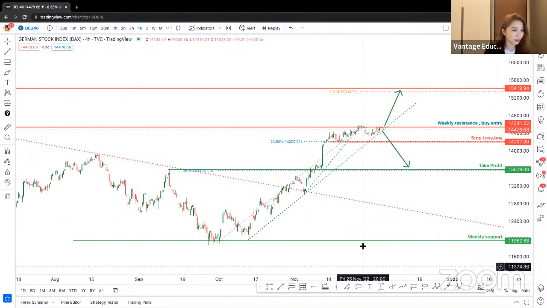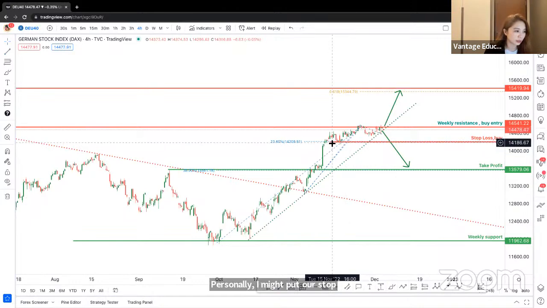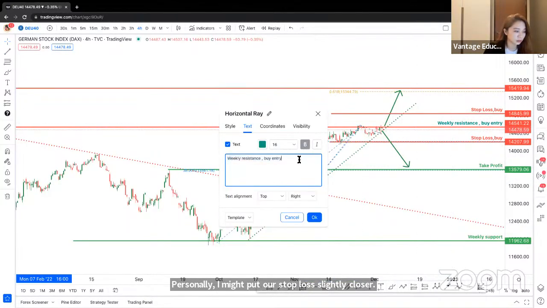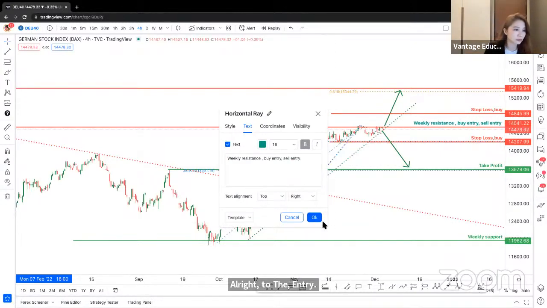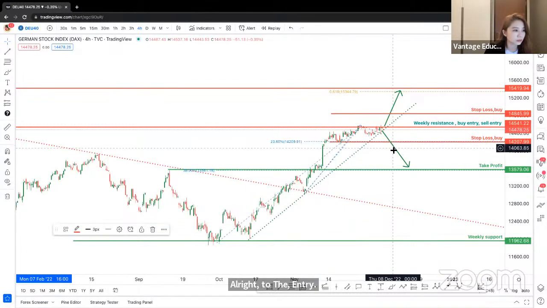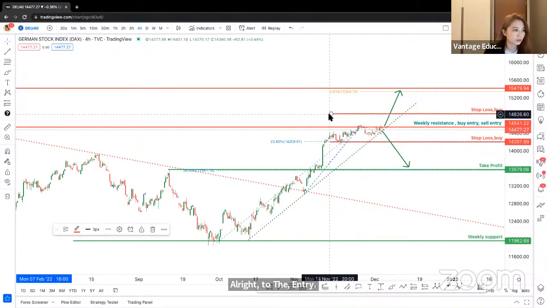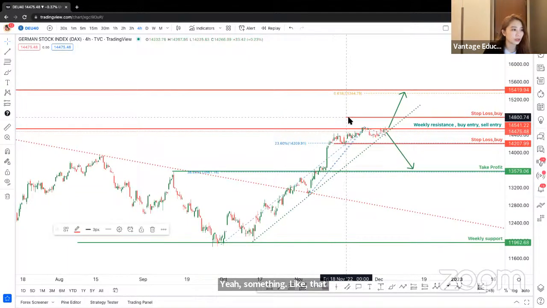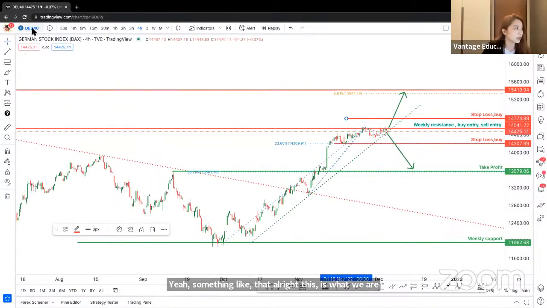Personally, I might put our stop loss slightly closer to the entry. Yeah, something like that. This is what we are looking at. Now we can do Nasdaq.